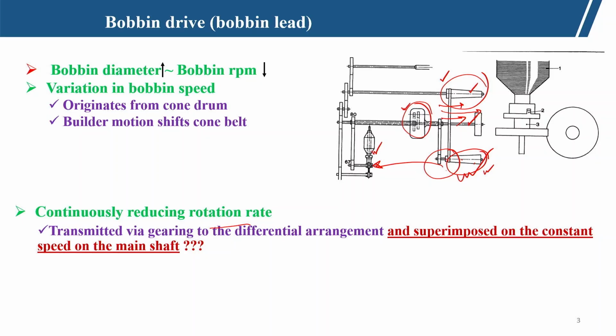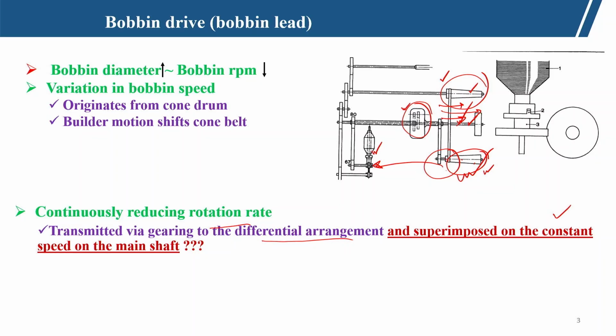Why do we want to have superimposed additional motion of the main shaft? That is the important question one may ask, because the speed is transmitted via gearing to the differential arrangement and then superimposed with a constant speed of the main shaft.